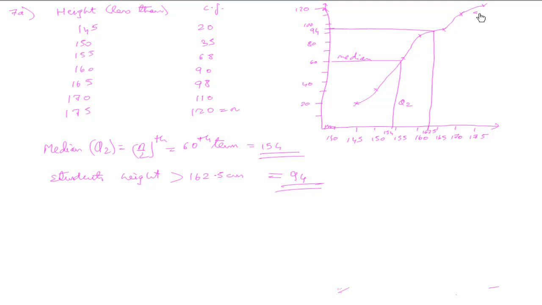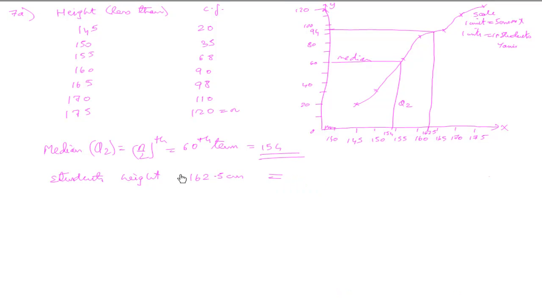And the scale, children, the scale would come out to be 1 unit is equal to 5 centimeters on x-axis, and 1 unit is equal to 10 students on y-axis. Scale is important, children. Specify this is 0. This is the x part and this is the y part.